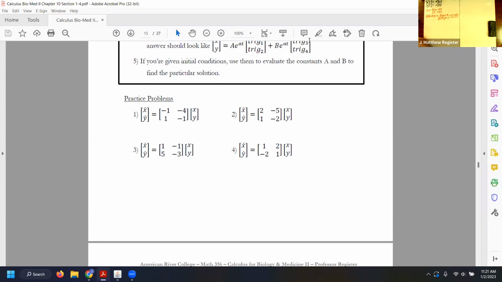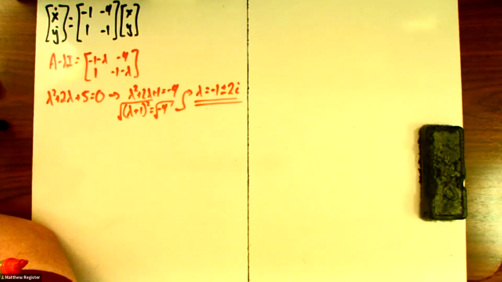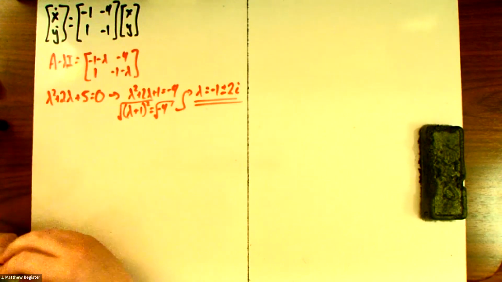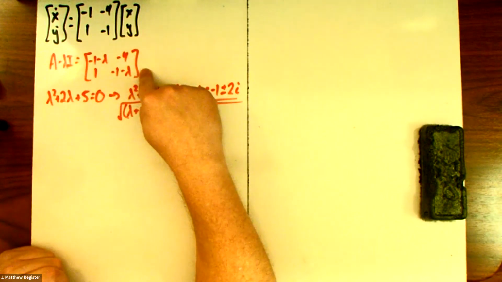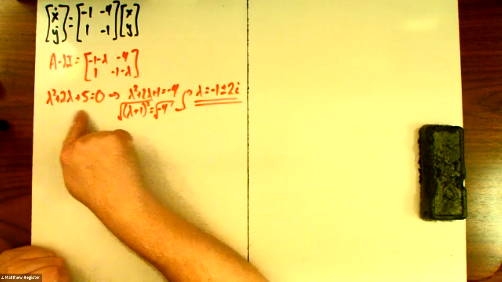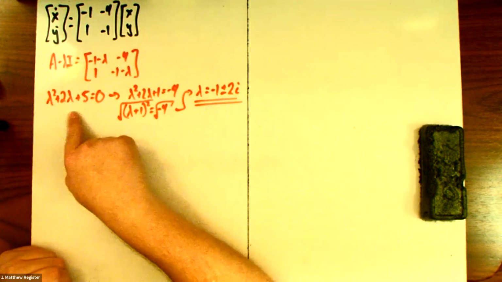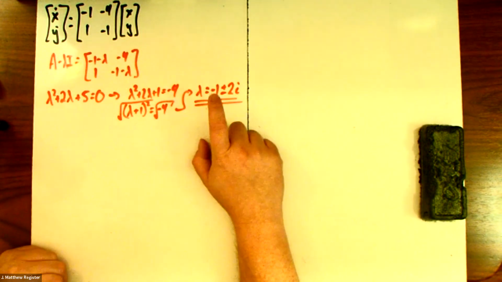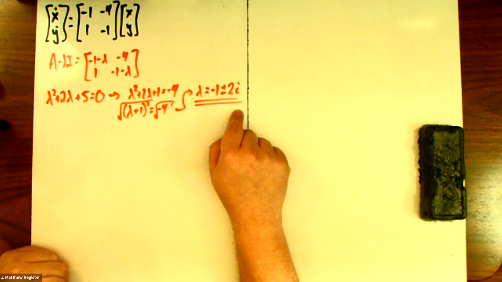And again, I forgot to stop the share. Apologies for that. And so we just did the algebra here. We created the matrix, we created the characteristic equation, we solved it, and we got our two solutions: lambda equals -1 plus or minus 2i.